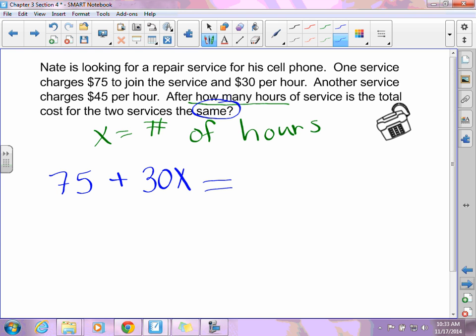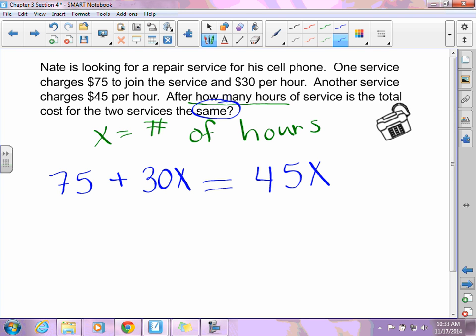The other one, you don't have to pay anything to send it in, but it's $45 per hour. And you want to figure out which one's the better deal. That's essentially what you're trying to figure out.